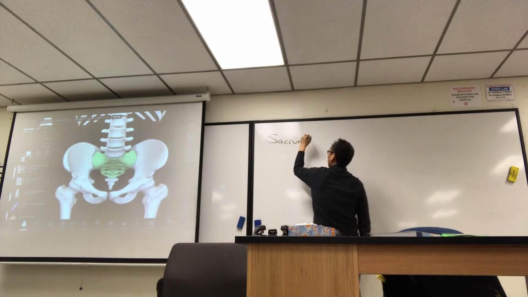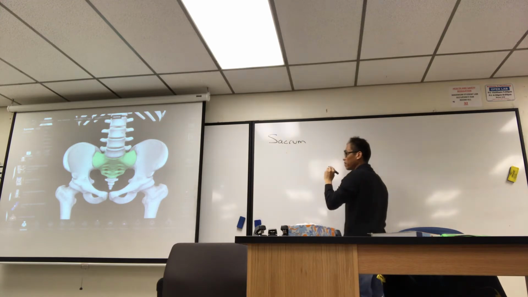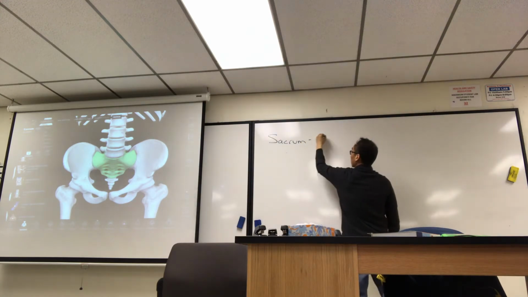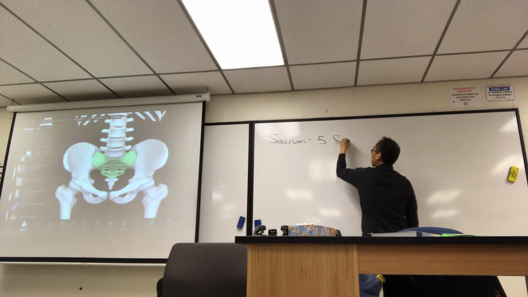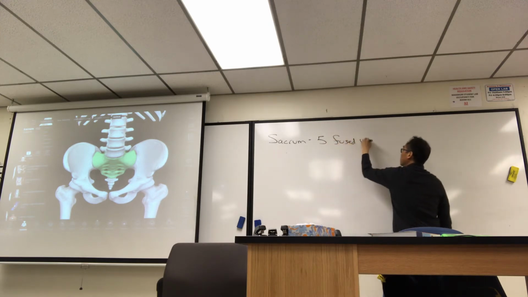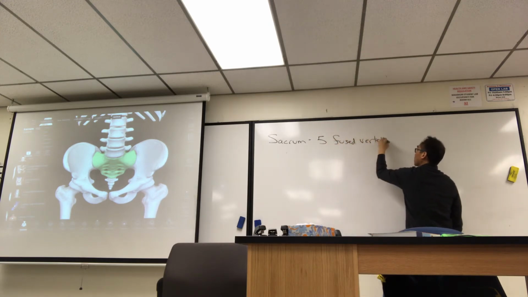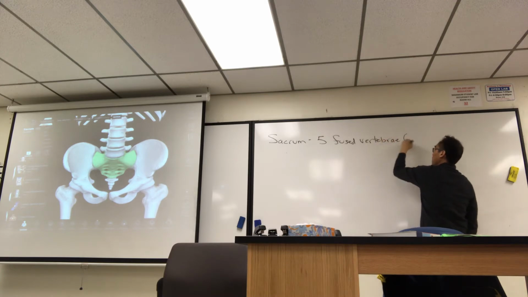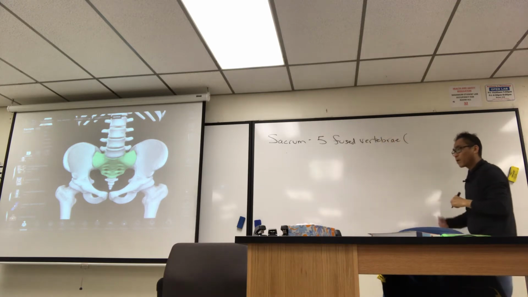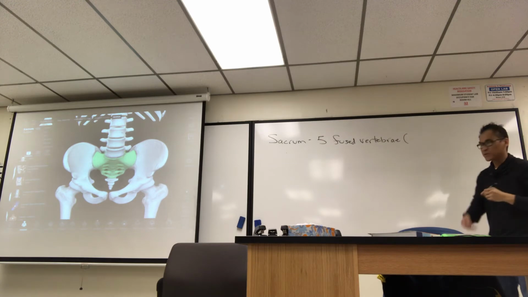So the sacrum is 5 fused vertebrae. Most books say fusion will complete by around age 25, or age 18 or something like that.